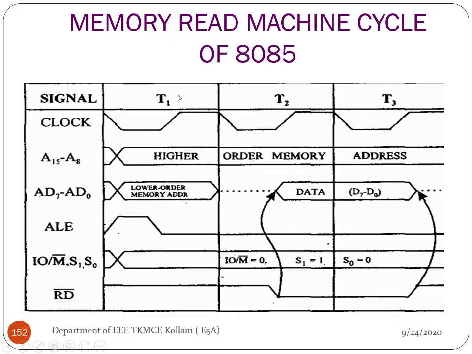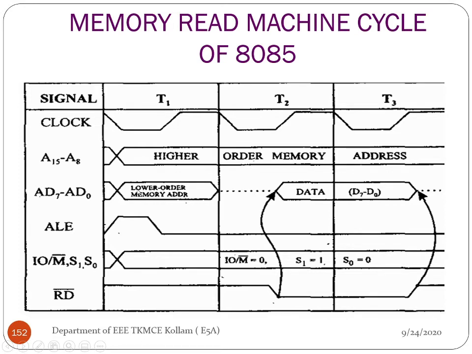Then during T state 1, the program counter places the address of the memory where the data is available into the address bus and AD bus. That is, the address bus carries the higher order address during T1, T2 and T3. The low order address is handled by the AD bus during T1 only.